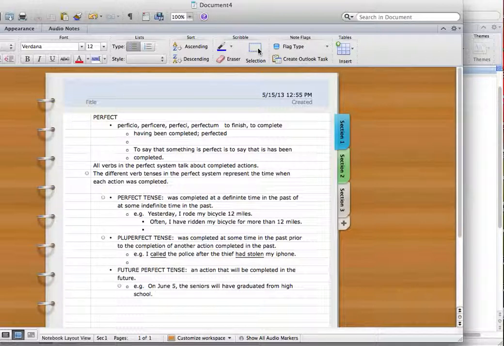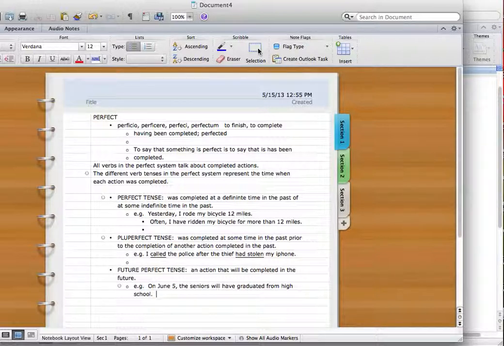Remembering that if they're in the perfect system, then they are actions that have already been completed or will be completed in the future. That their primary difference is discussing about which time in the past the action has been completed.